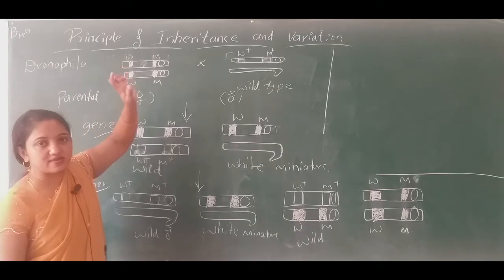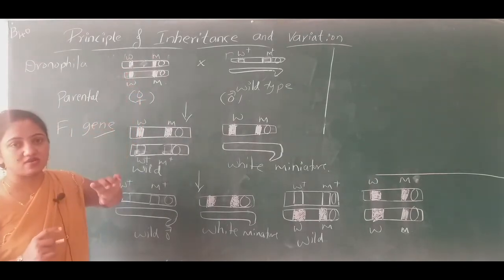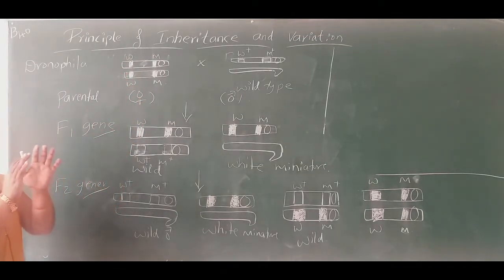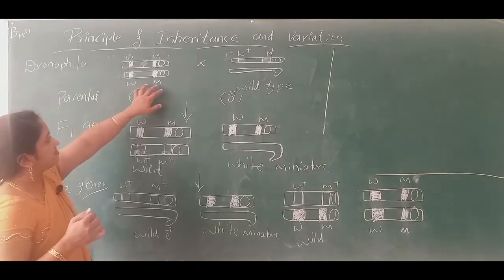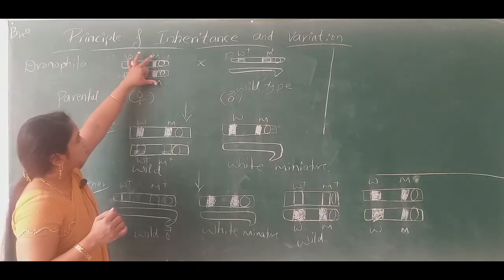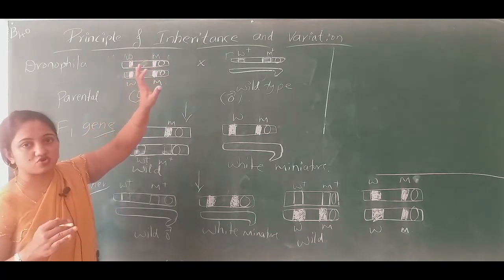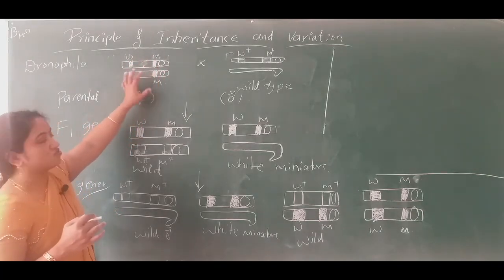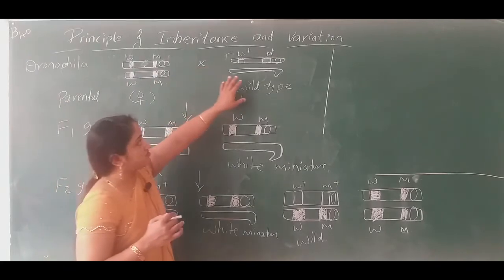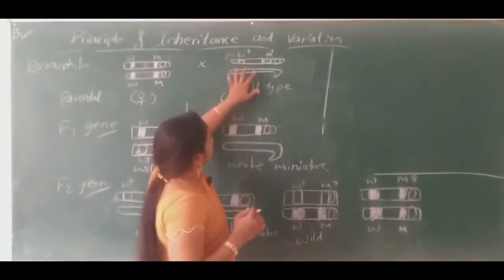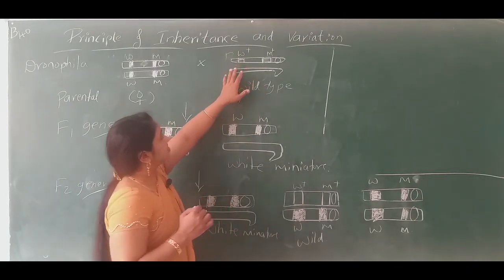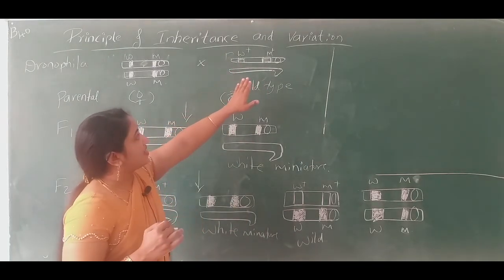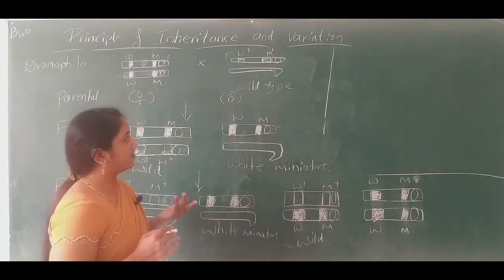M means miniature wing. The Drosophila will have wings, and those wings will be miniature, small in size. So we intercrossed this female Drosophila having those two characters with the wild type, where W plus means red-eyed and M plus means normal wing.